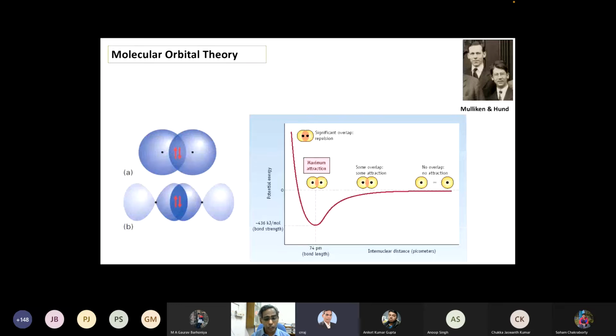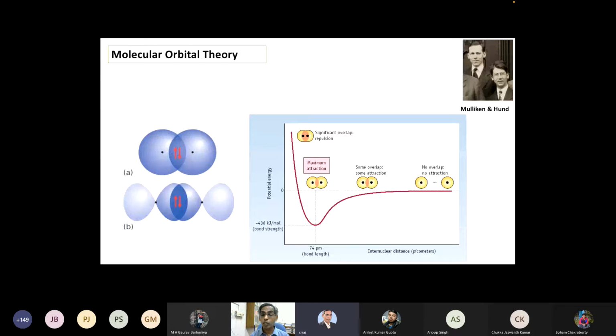Valence bond theory is a god for organic compounds. You can comfortably explain the bonding in organic compounds with it, using hybridization, sp3, sp3d2, or d2sp3, whatever you put there. But on the other hand, you will never be able to explain the bonding in inorganic complexes comfortably.